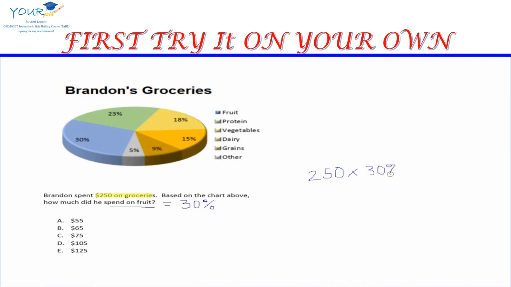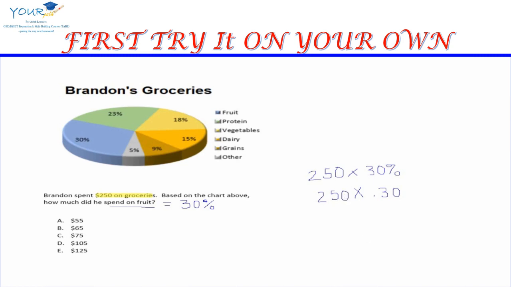So now what we need to do is turn this percentage into a decimal. We're going to multiply 250 times 0.30, because we're going to move our decimal point 2 places forward, which will give us 0.30, and we're going to bring down our 250.